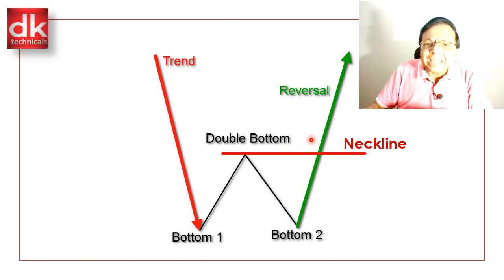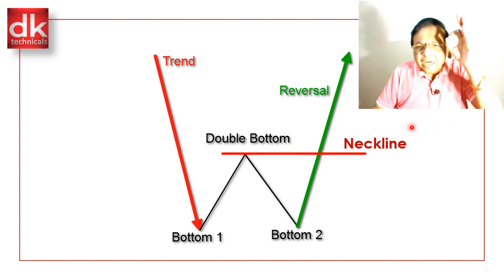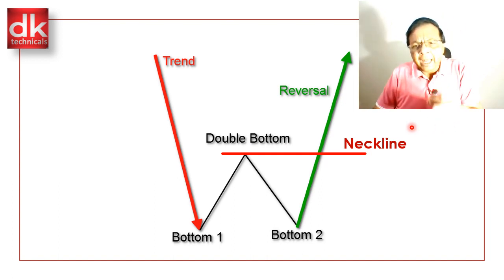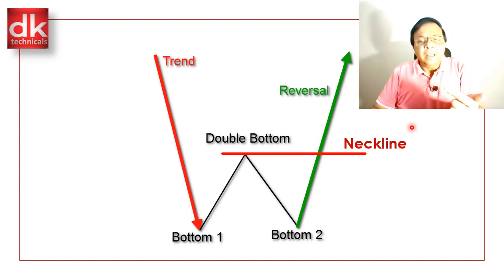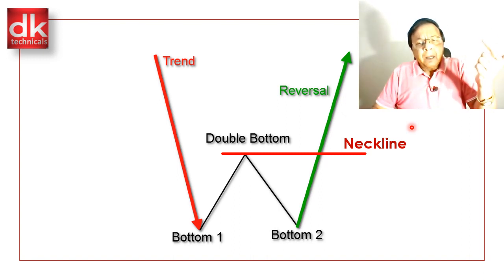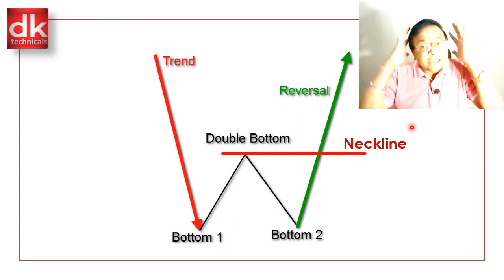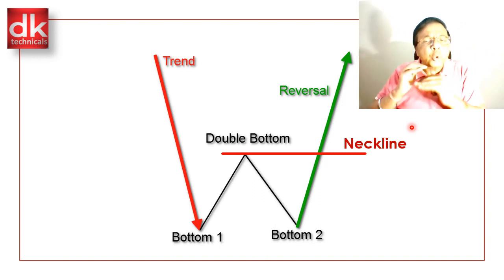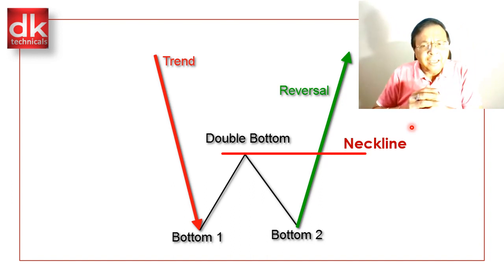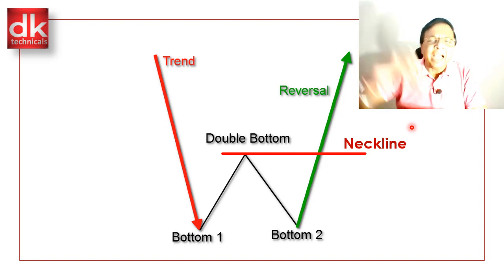So once the price has broken out of this neckline, it confirms the trend reversal, where our stance as a trader, our stance as a technical analyst must change, and now we should look for a trading opportunity on the long side. We buy low and sell at a higher price.